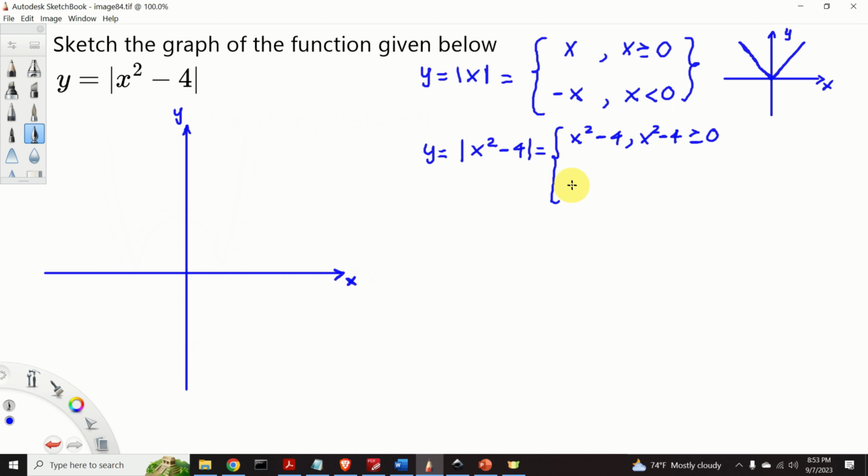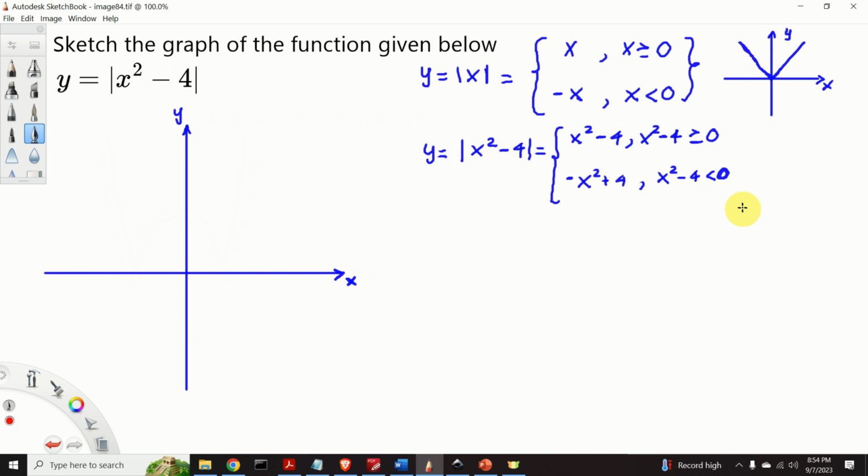And this function is equal to minus x squared plus 4 when x squared minus 4 is smaller than 0. To complete this definition, we need to see when this function x squared minus 4 is larger and when this function is smaller than 0.